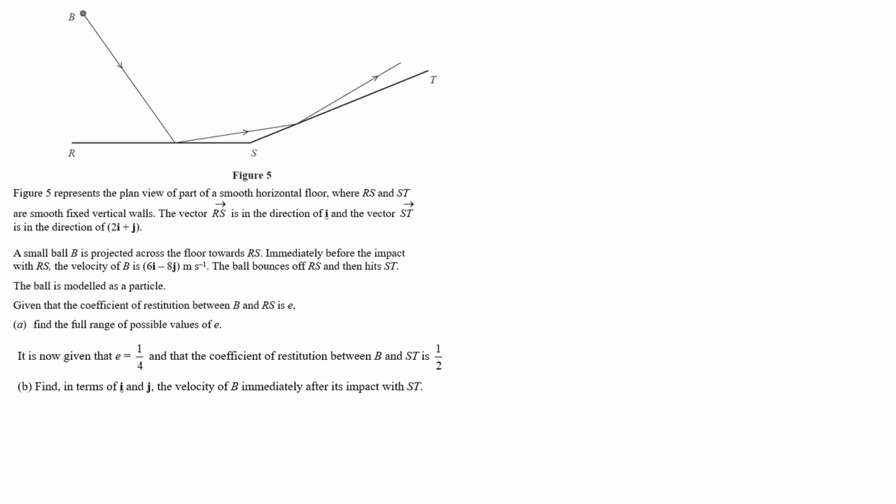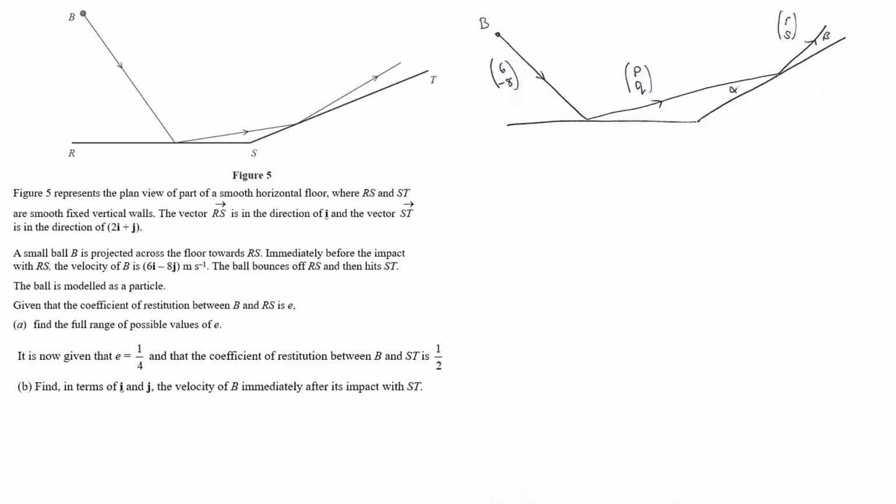Right, for this, I've only done part A. Find the full range. So doing a diagram there, putting in the vectors in column form, it says find the possible values of E. Now, for that to hit the wall ST, the gradient of the path, the PQ path, has to be less than the gradient of the wall.